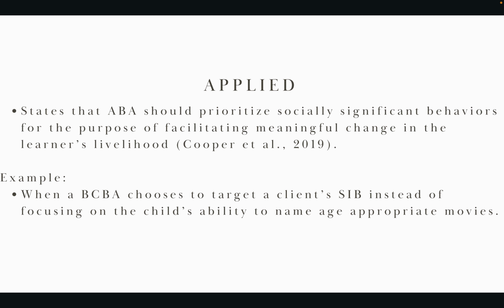This represents the applied dimension because in this scenario, the BCBA is choosing to target client self injury because when comparing that to whether the learner can name age appropriate movies through tact, the BCBA thinks that targeting SIB is more socially significant because targeting this behavior would prevent future injury or future safety concerns that could be posed to the child if they continue to engage in self injury behavior.